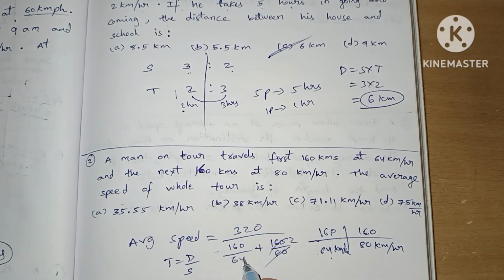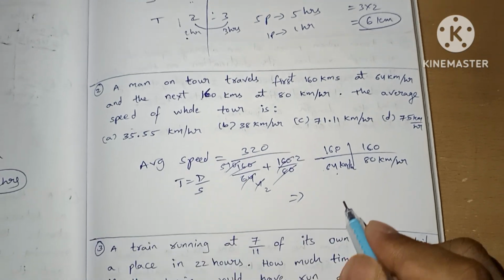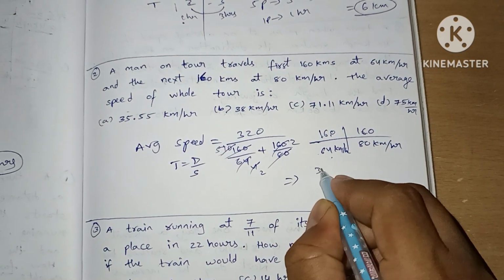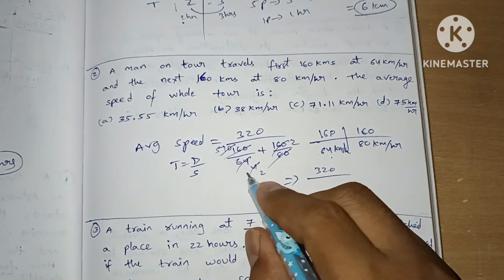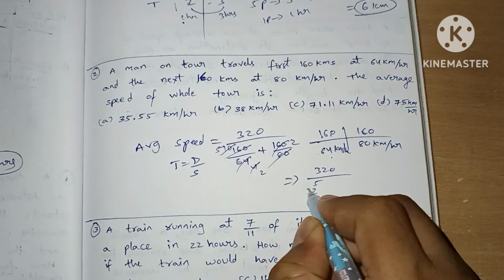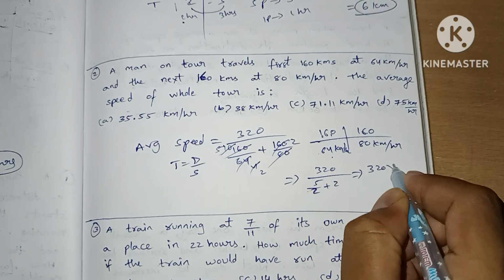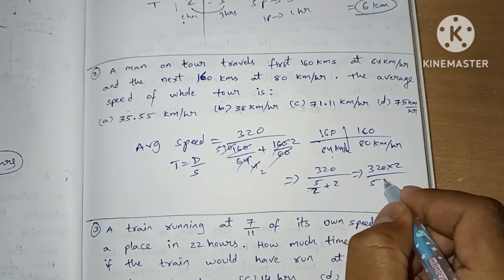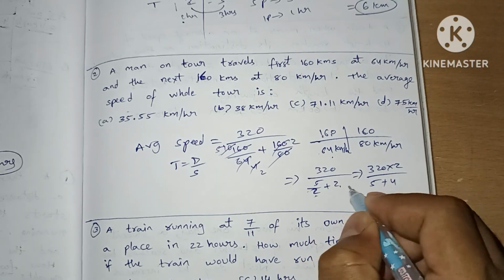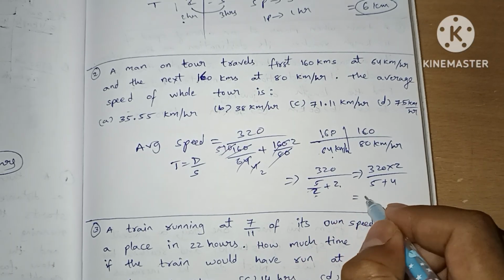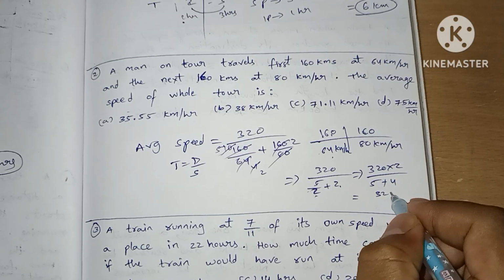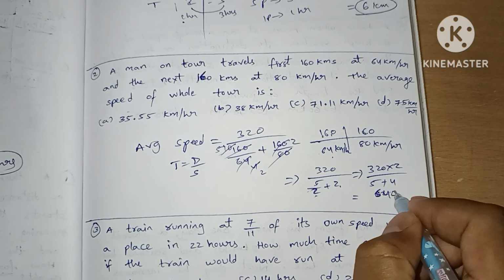Simplifying, we are left with 320 divided by (5/2 plus 2), so 320 into 2 divided by (5 plus 2 times 2), which is 9, so 640 divided by 9.